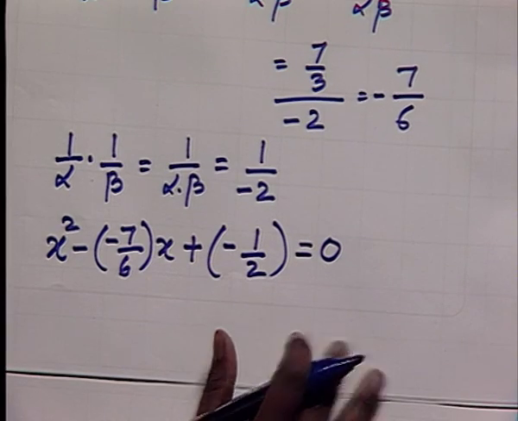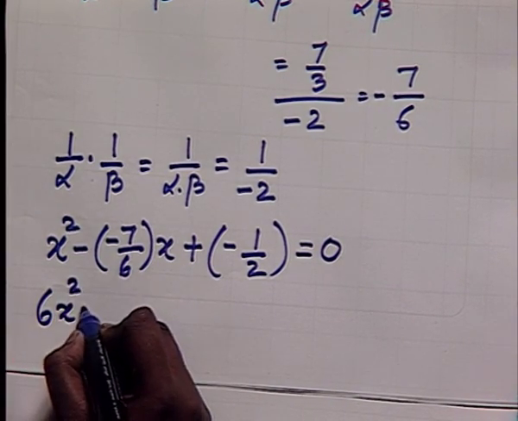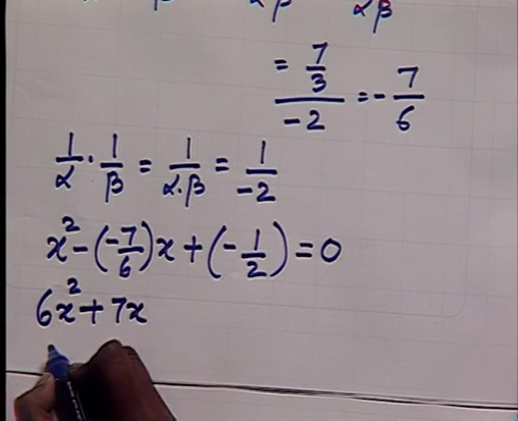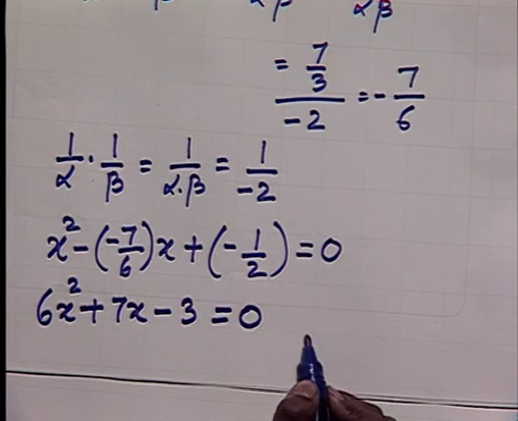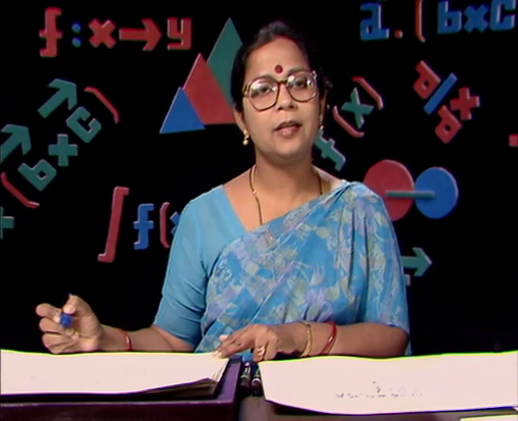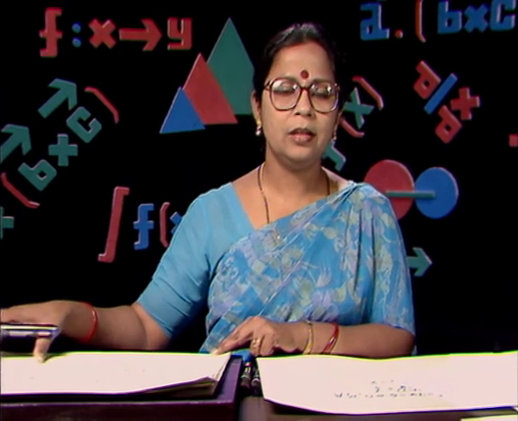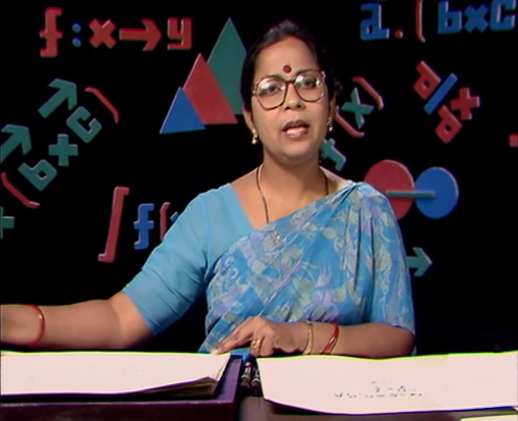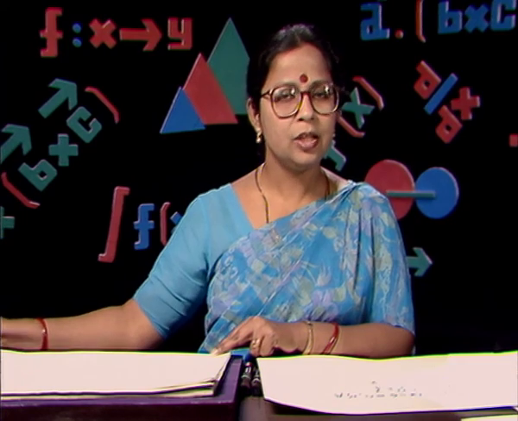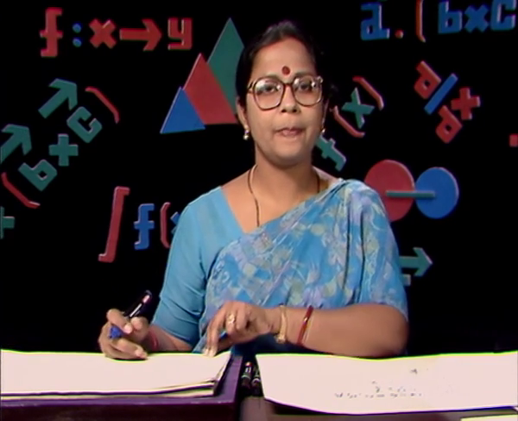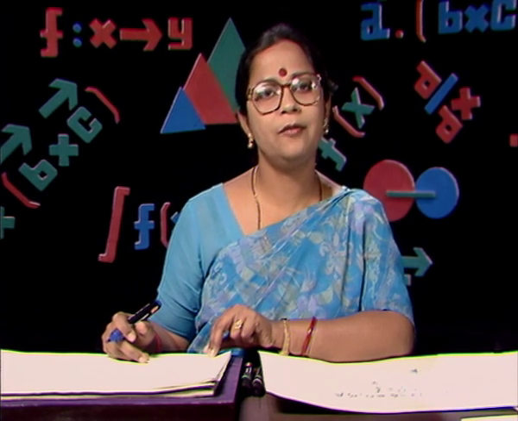This can further be simplified and written as 6x square plus 7x minus 3 equal to 0, which is the required equation. Thus, we found that given one equation, we can construct another equation whose roots are related to the roots of the given equation. Now, sometimes we come across equations which are not of quadratic form.